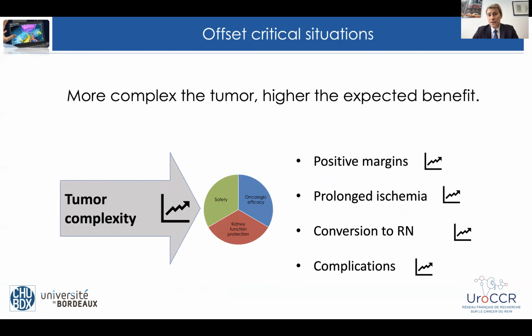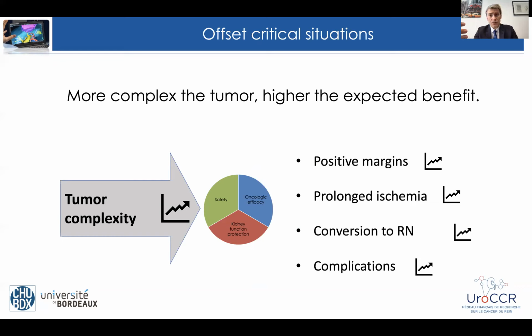These 3D models will certainly help us to offset critical situations. We can simply imagine that the more complex the tumor, the higher the expected benefit. We all know that when tumor complexity increases, we have more difficulties in achieving the trifecta.